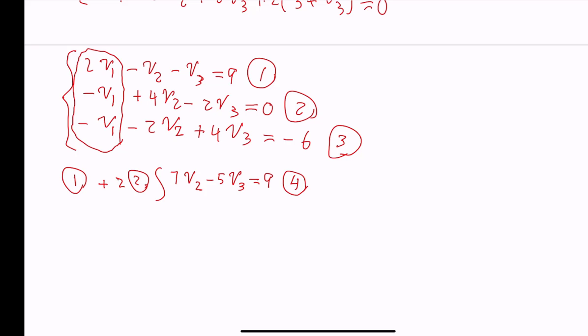And let us get equation 1 and add to it twice equation 3. Gives us negative 5v2 plus 7v3 equal to negative 3.